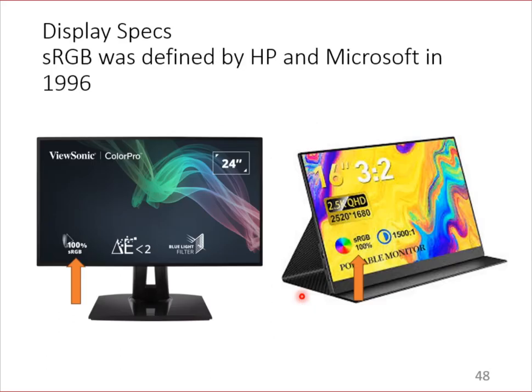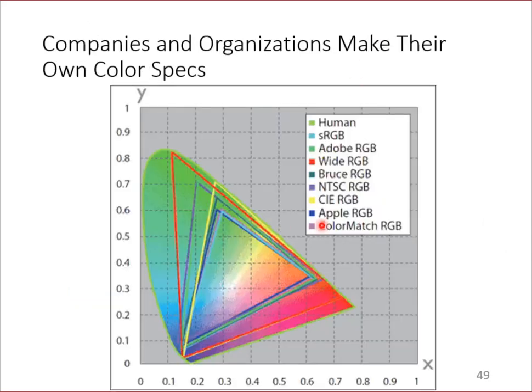And when you want to purchase a monitor, you usually see there is a spec for 100% sRGB. Okay, so what's the meaning of the spec here? sRGB is a color space defined by HP and Microsoft in 1996. Take a look at their region, it is like this.